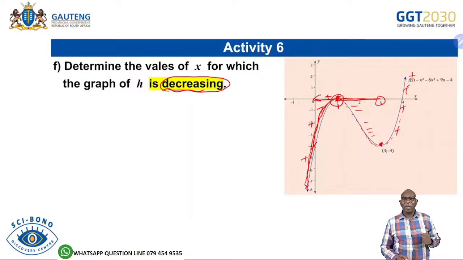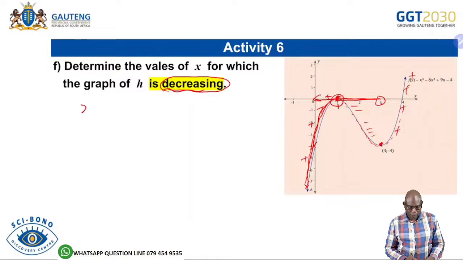But you remember in grade 10 we've done notations. We need to write this in the correct notation. You remember in grade 12 when we mark, we also mark the notation. So how do we write it in correct notation? We'll say x is an element of.